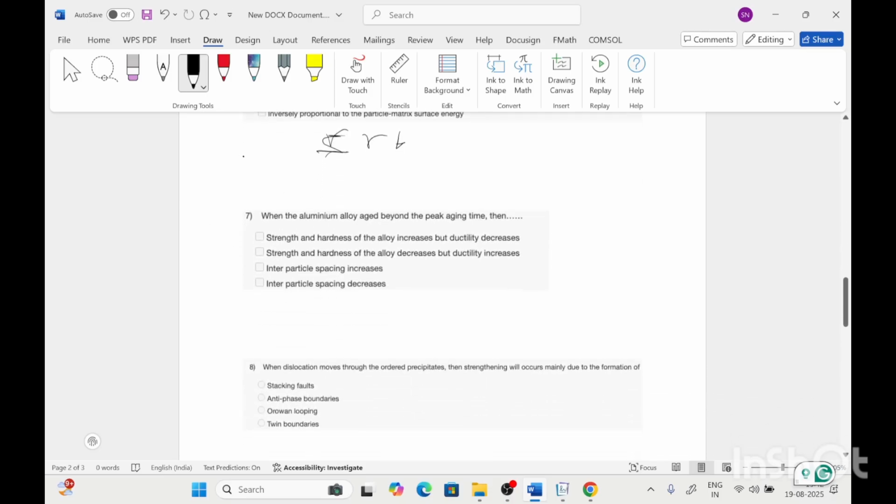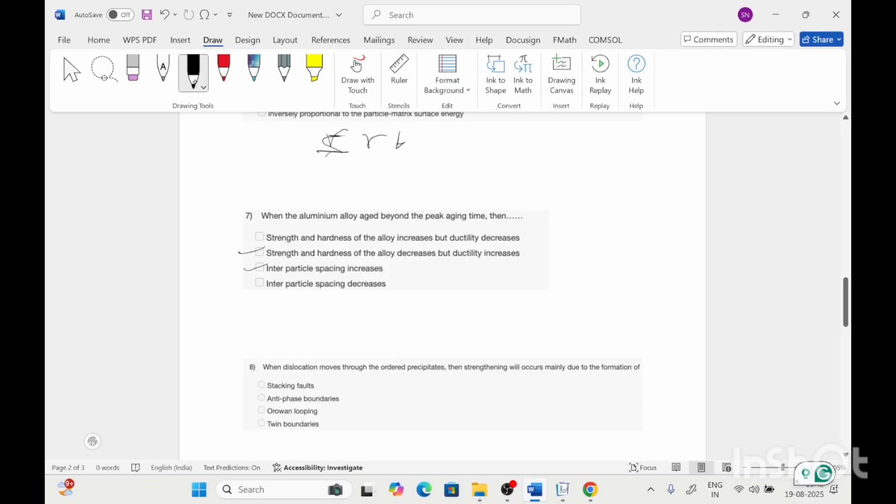Next question is, when the aluminum alloy is aged beyond the peak aging time, then strength and hardness of alloy decreases, but ductility increases. Yes, and the interparticle spacing also increases. Because the size will be increasing, right?